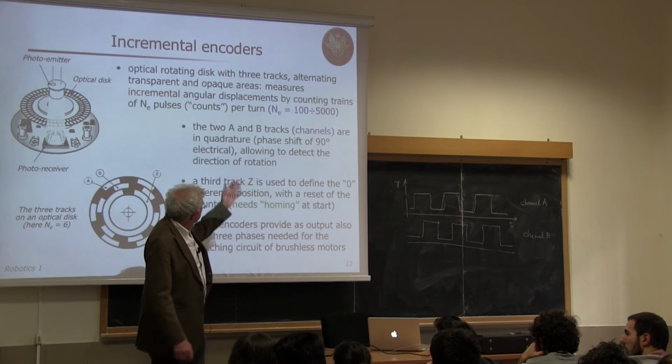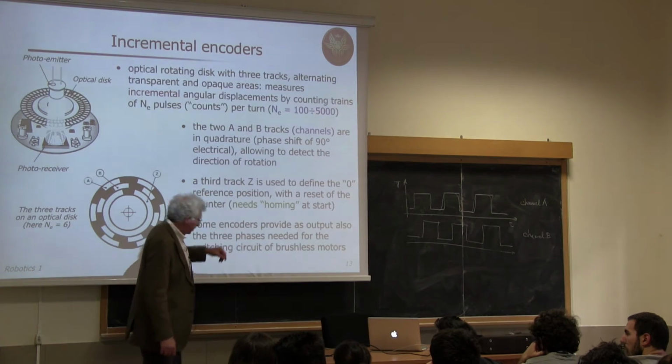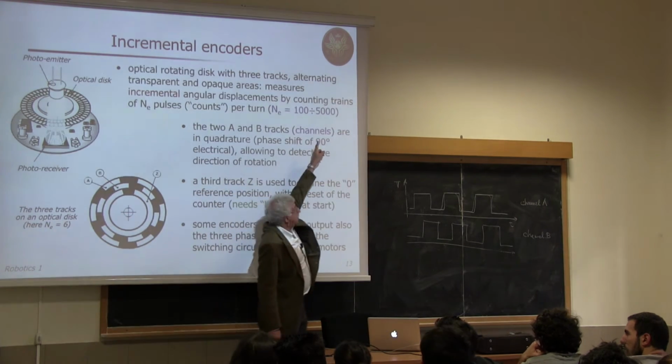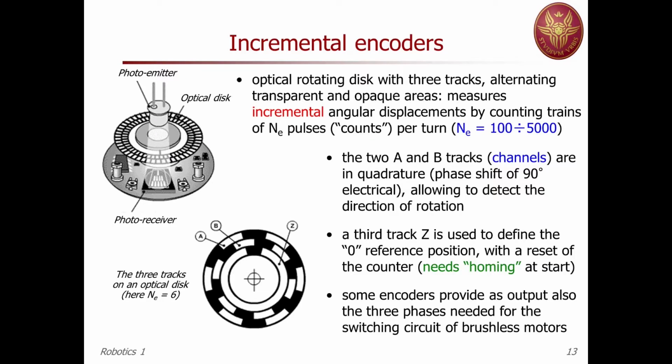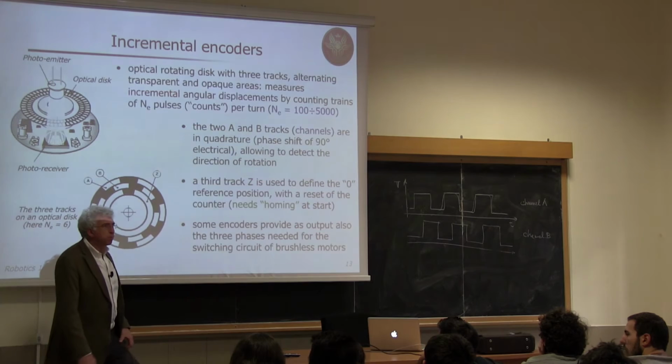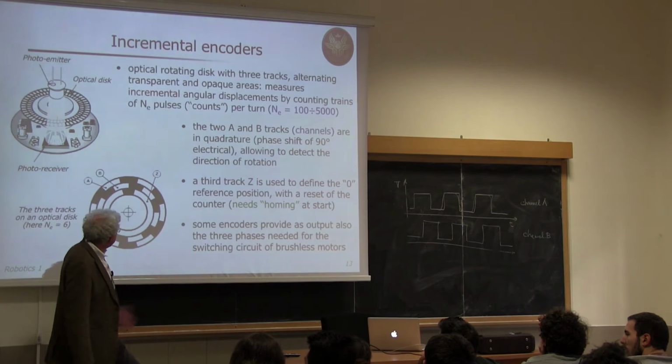So if you count, let's say, 2,500 pulses in an incremental encoder that has 500 pulses per turn, that means that you have rotated an increment of 180 degrees. Okay? Things are not as simple because there is some improvement that can be made, but essentially this is how it works.